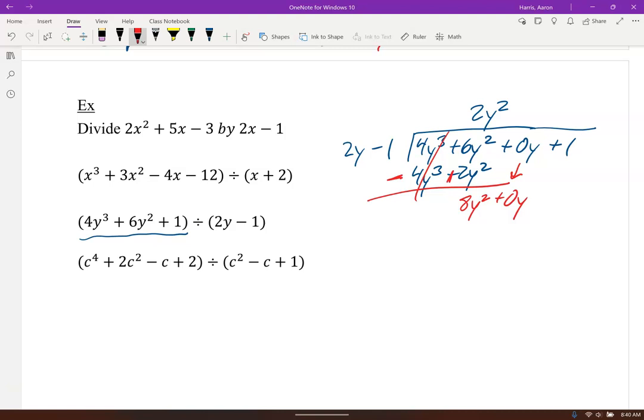Bring down the 0 term, 0y in this case. Now the question is, what times 2y gives us 8y squared? Again, this is asking the same thing: what's 8y squared divided by 2y? But I like to think about it as question mark times 2y gives me 8y squared. So we would have 4y here.